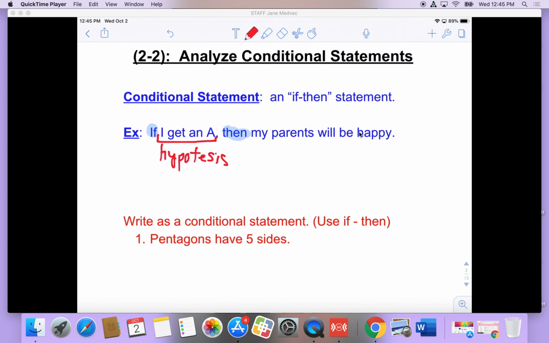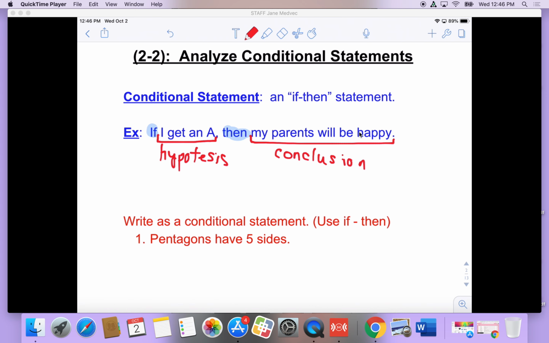And then the second part goes after the then and goes to the end of the conditional statement, and that is the conclusion. That is part of the test. So really what we're doing here is we're diagramming sentences. If you remember in English, you'd underline the noun, circle the verb, put a square around the adjective. It's kind of what we're doing today. We're diagramming them, and we're picking pieces out of them.